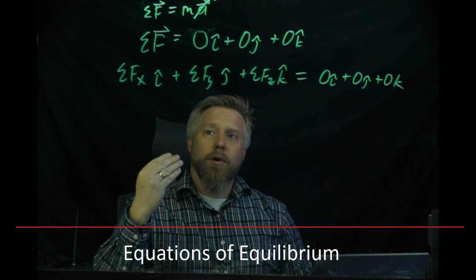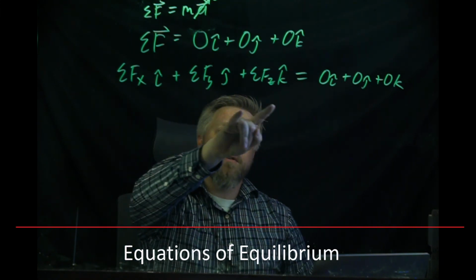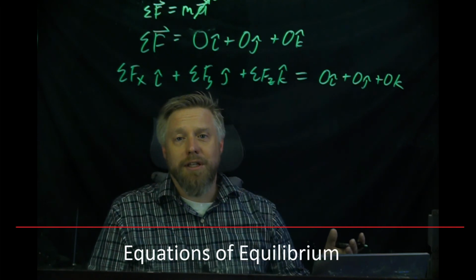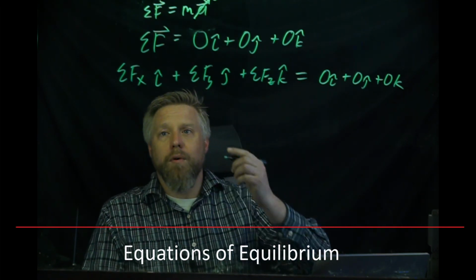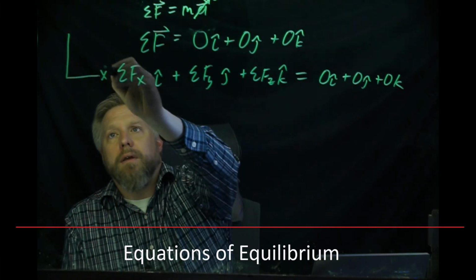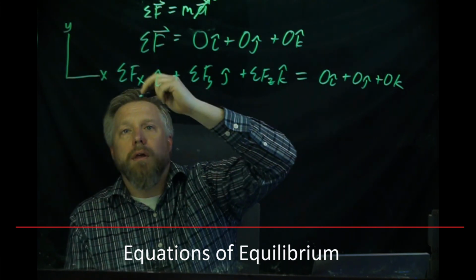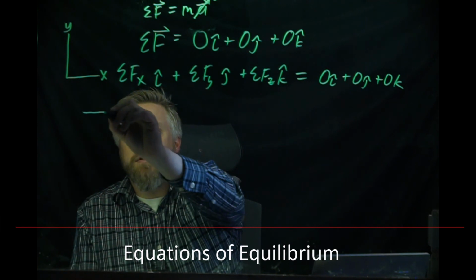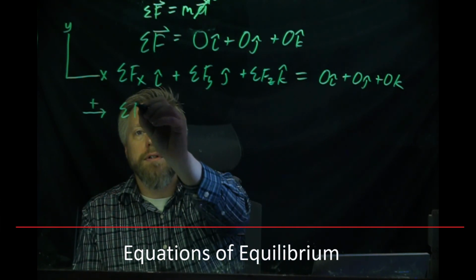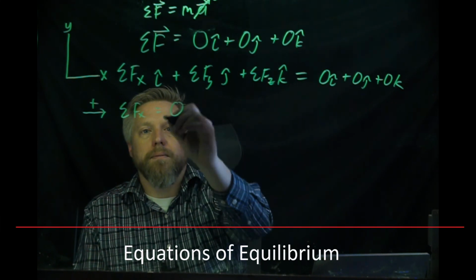The way that I like to break it out is you can either write it as a full vector equation here, or you can break out your directions and your scalars. How do you do that? Well, once you have your coordinate system drawn, you can just say in this direction, that's my x, I have sum of the forces in the x equals 0.